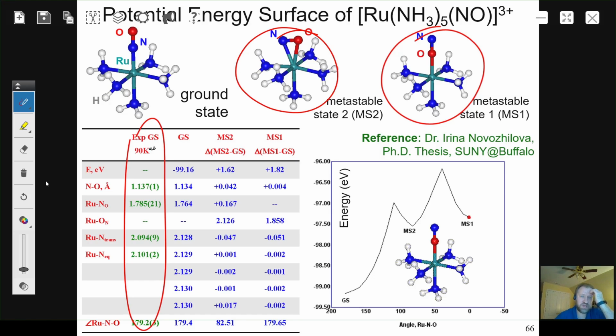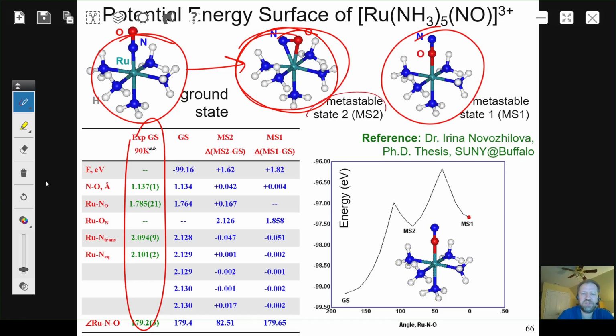So the idea is to irradiate your molecule that is originally in ground state with a laser pulse while the molecule is being cooled at a very low temperature. I forgot what the actual temperature is. And the molecule will go onto one of these metastable states.